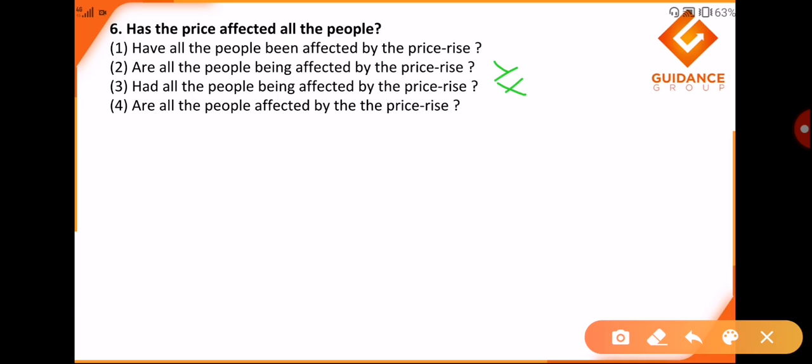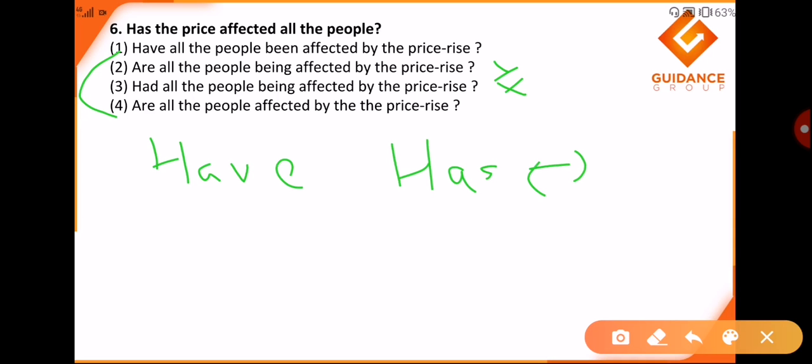Have all the people been affected by the price rise? Now amongst have, had and are, we will choose have. Why? Because has and have are used interchangeably. When the subject is singular we use has, when the subject is plural we use have. Are comes for is and are.